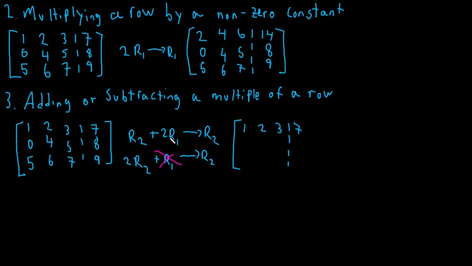So we have to add twice every term in row 1 to every term in row 2. That means 0 plus 2 times 1, which is 2, because I'm multiplying row 1 by 2. 4 plus 2 times 2, which is 4 plus 4, which is 8. 5 plus 2 times 3, which is 5 plus 6, which is 11, and 8 plus 2 times 7, which is 8 plus 14, which is 22.